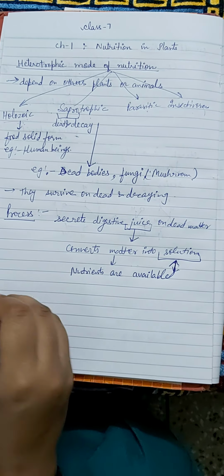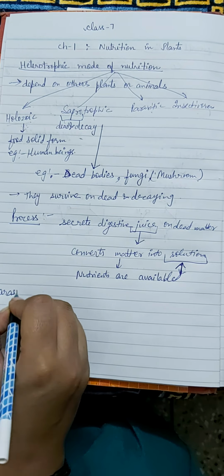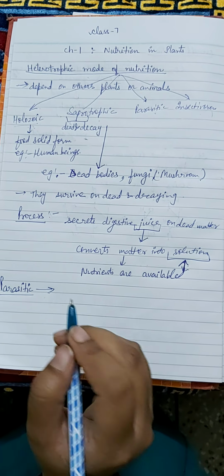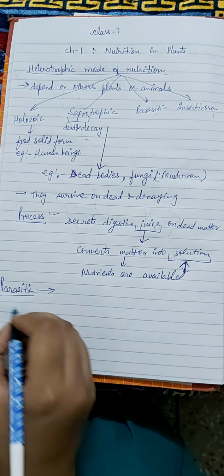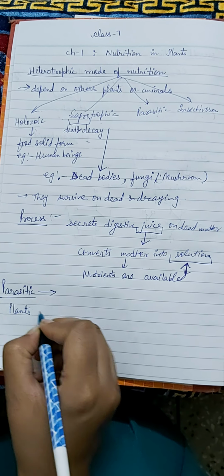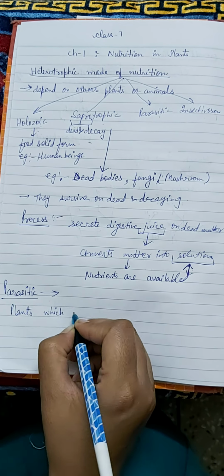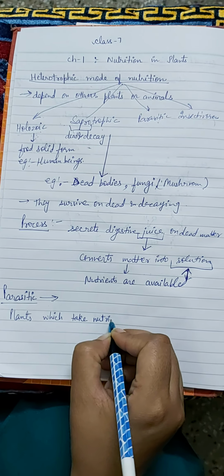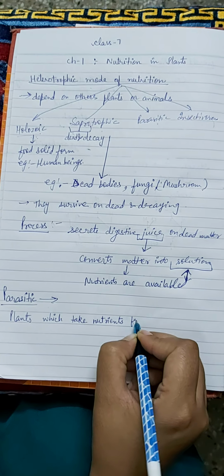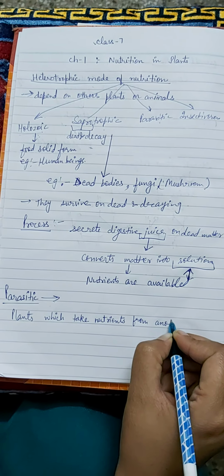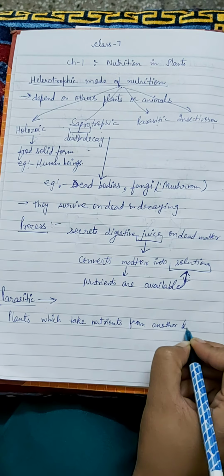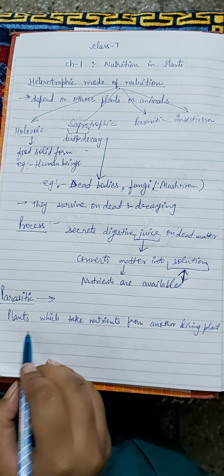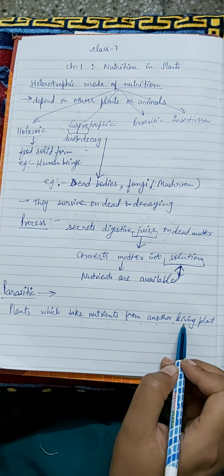Now next category is parasitic. In parasitic, the plants take nutrients from another living plant.